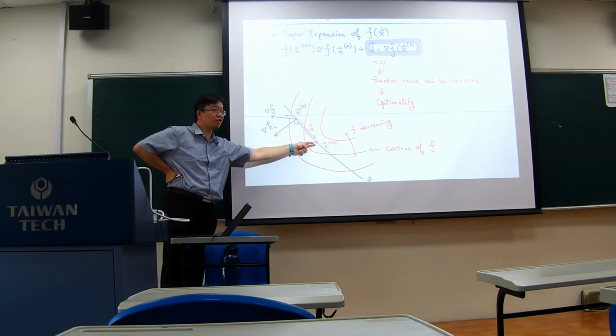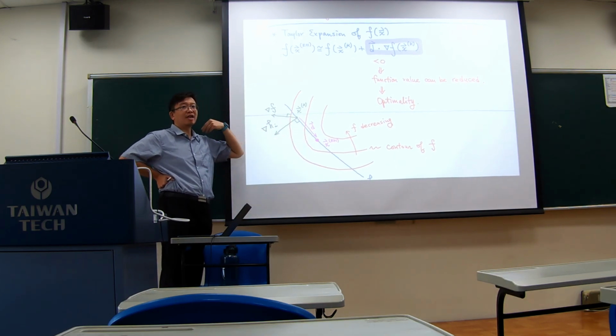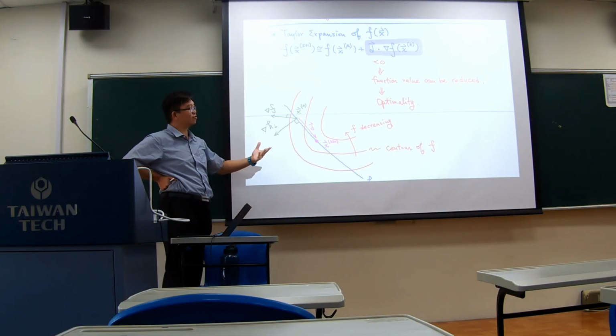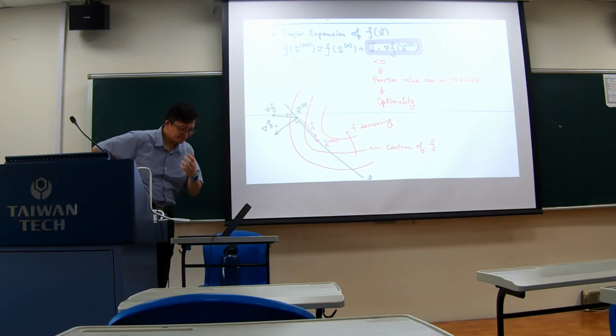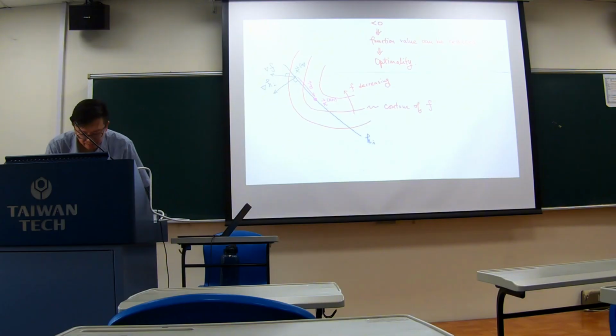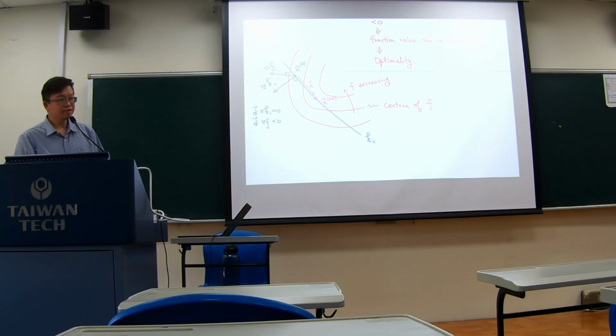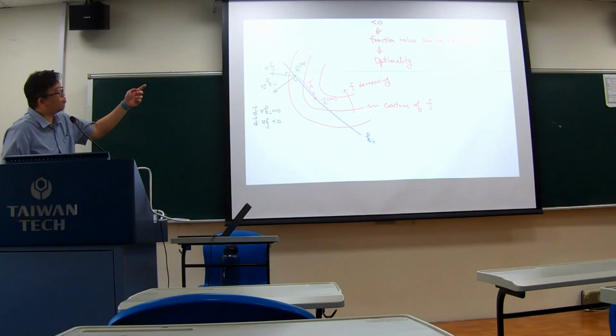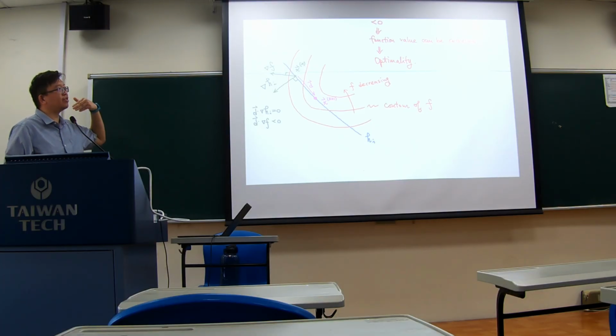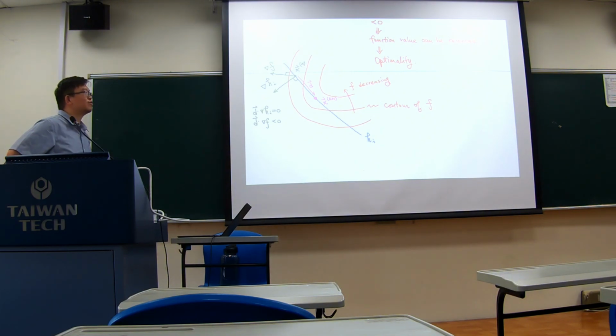By moving toward this direction, you can improve your function value. So d dot gradient h equals 0 and d dot gradient f is negative. If you move like this, you can stay feasible and improve your function value.